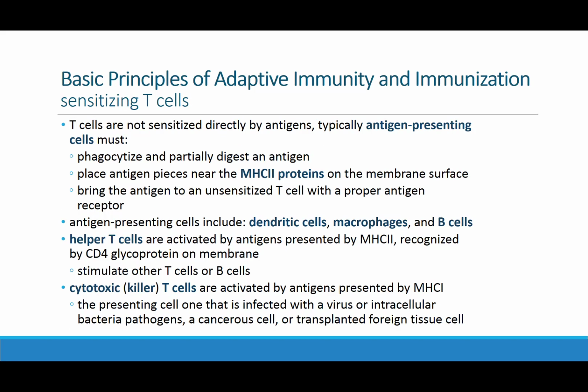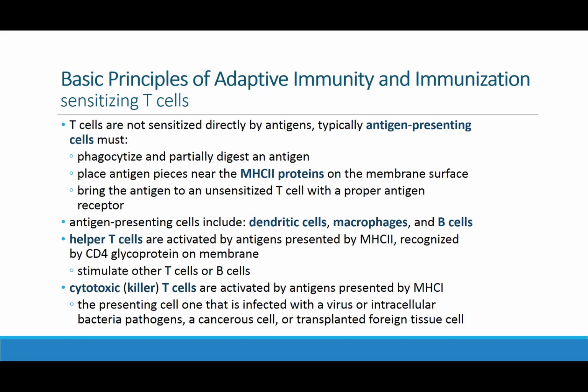First off, in order to sensitize a T cell to an antigen, the typical route is that an antigen-presenting cell must first phagocytize and then partly digest an antigen-bearing molecule or organism or particle of some sort. Then it takes the antigenic parts and places them near the major histocompatibility complex 2 proteins.